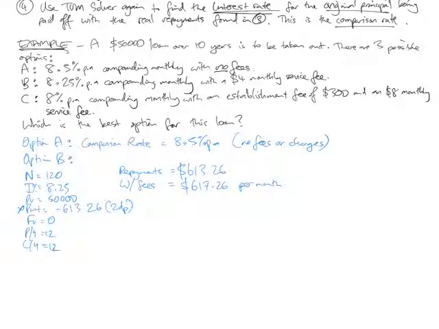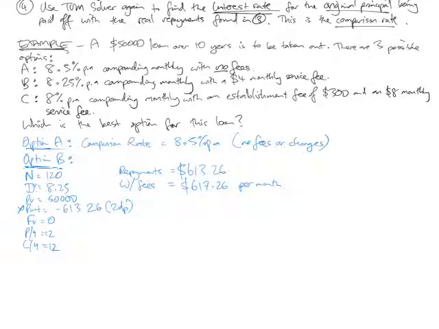So we've found that the real repayments that you're making every month are actually $617.26. But this is for a home loan that's $50,000, which you should have been paying off with $613.26.